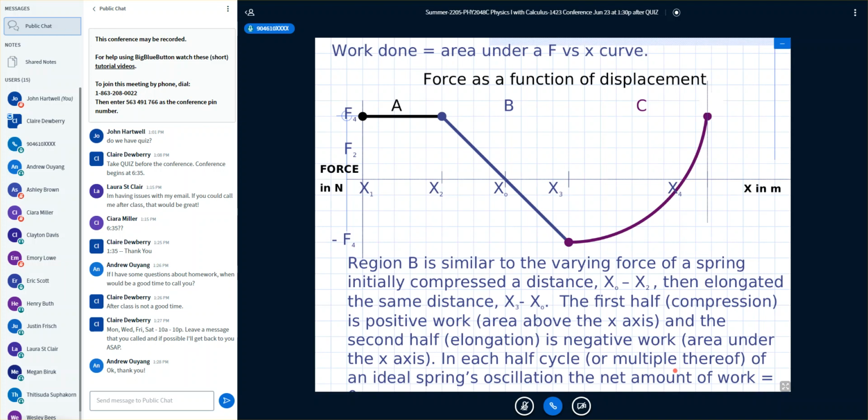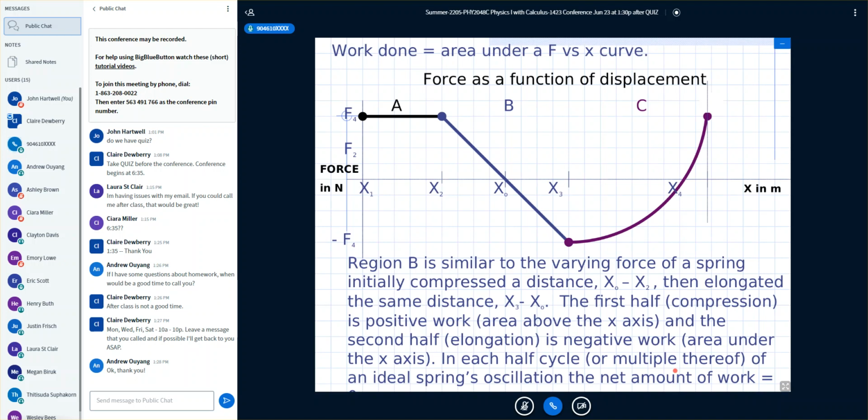Now it continues to become elongated by as much as it was compressed. Ideal springs. And of course the first half was a compression, which is positive work because it's above the axis, and the elongation was below the axis, and that is a negative work because F sub 4 is now a minus.